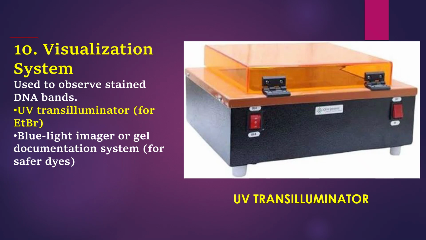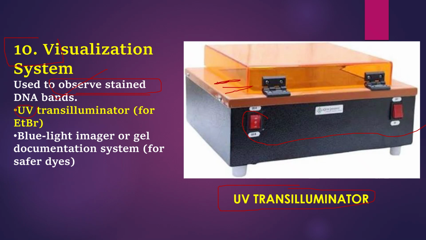Now, after running the gel, we need to visualize it. The DNA bands will not be visible with the naked eye, so we need to observe the stained DNA bands with the help of UV light. The instrument used for that is the UV transilluminator, which has UV tubes inside.